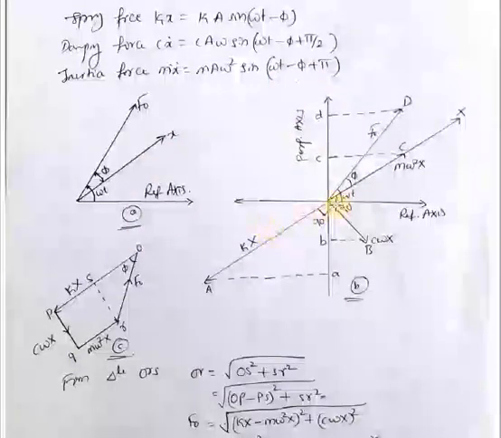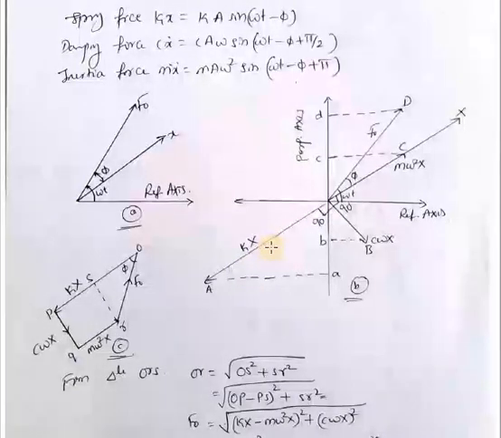That is, this O to B represents the maximum damping force, and it is drawn to the same scale at 90 degrees to vector OA because the difference between their angles is 90 degrees. Similarly, OC is represented by m omega square into x, and it is drawn to the same scale at 180 degrees to this OA.